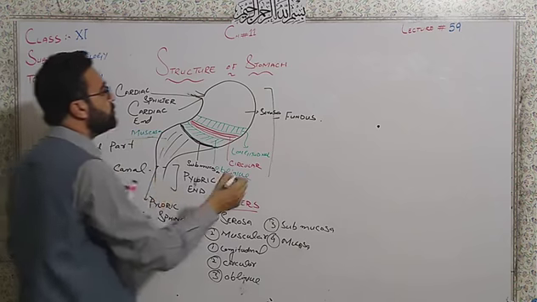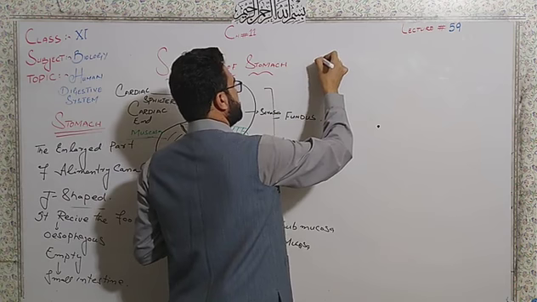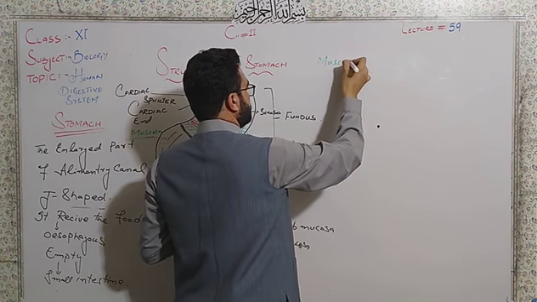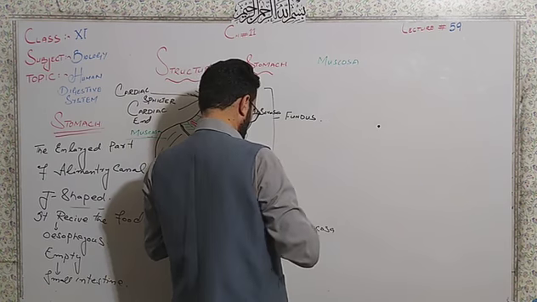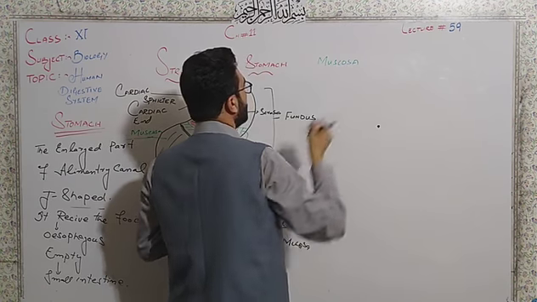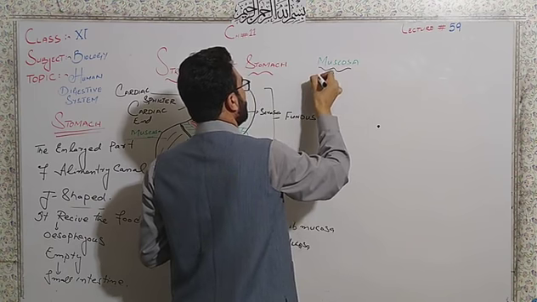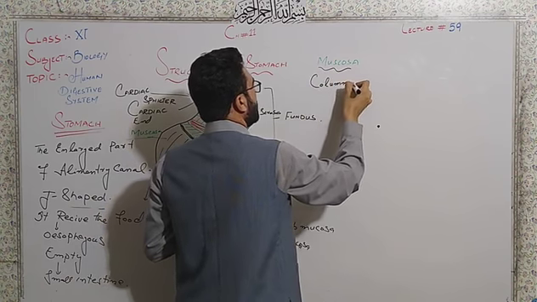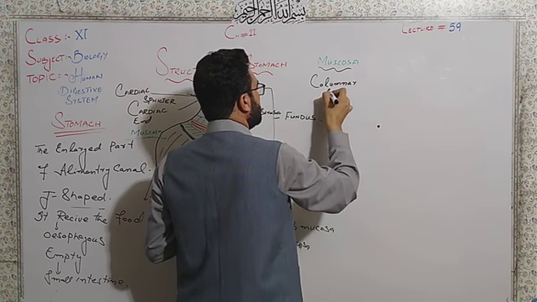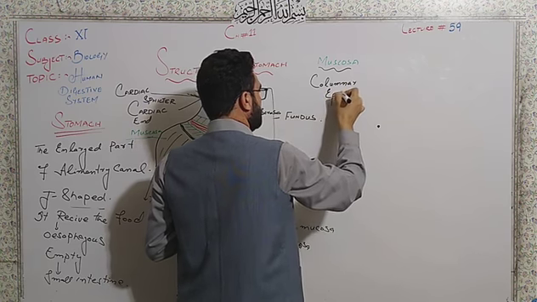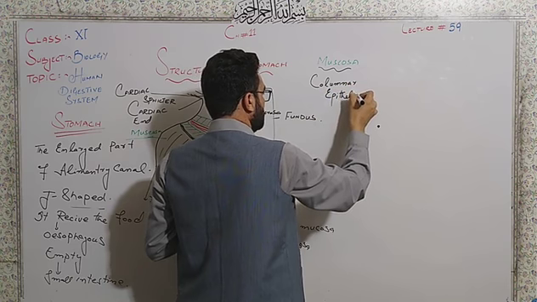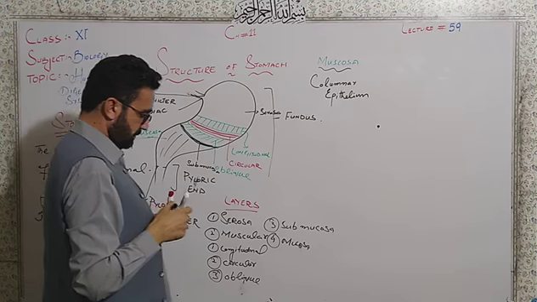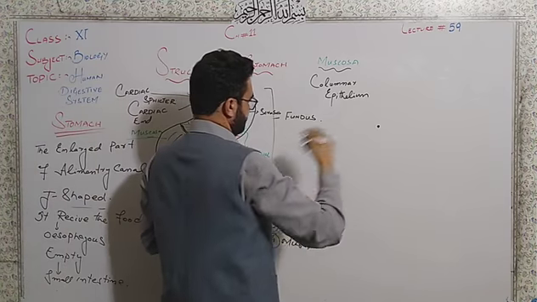Dear students, the mucosa layer is made up of columnar epithelium, and in the mucosa layer there are some pits.